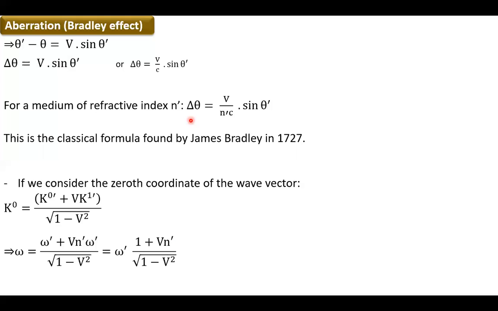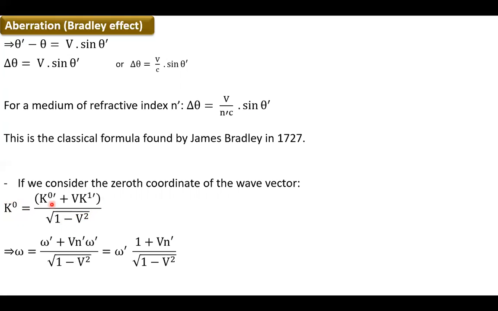Okay, so this was the propagation in an XY plane. So we only considered K1 and K2. But in space-time, we also have the K0. So if we go back to the zeroth coordinate of the wave vector, the K0, the Lorentz transformation is equal to K0 prime plus V K1 prime over the radical of 1 minus V squared.